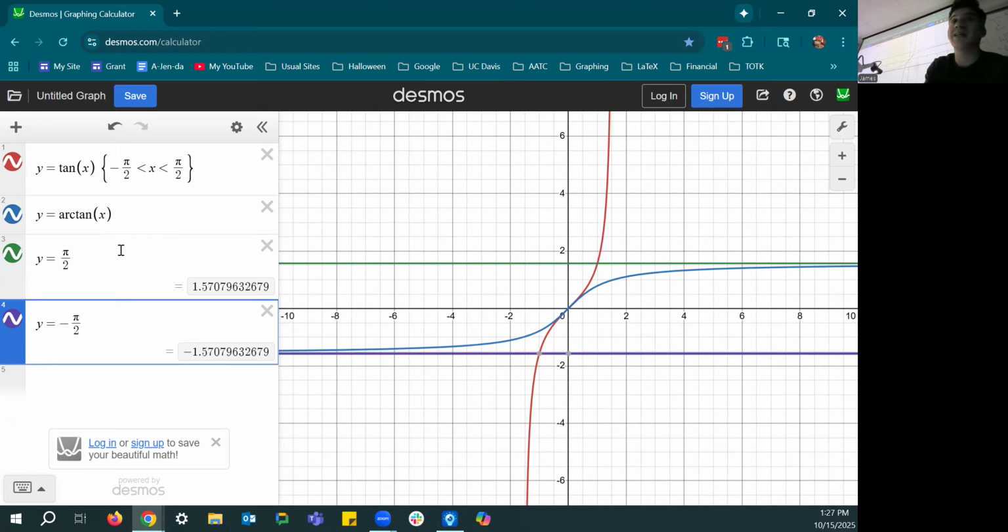So that's why the limit is equal to negative pi over 2 in this case, because as x goes to negative infinity, the y values are getting closer and closer to negative pi over 2. And in my opinion, this is maybe not the only way to know this, but definitely the best way to know this is to know the graph of the arctangent function.